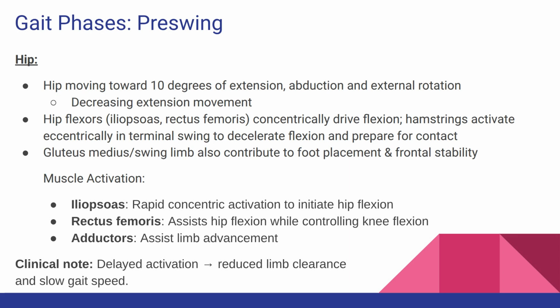The hip adductor group, particularly adductor longus, contributes to limb advancement and medial lateral stability. Delayed or weak hip flexor activation during pre-swing leads to reduced limb clearance, delayed swing, and decreased cadence.